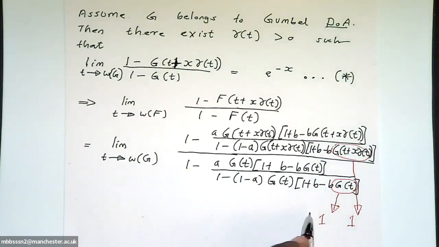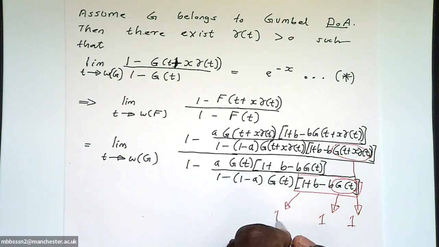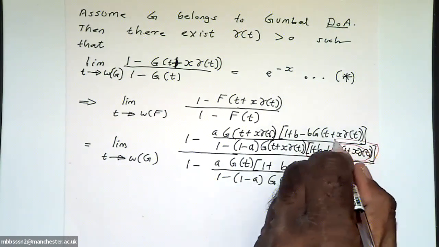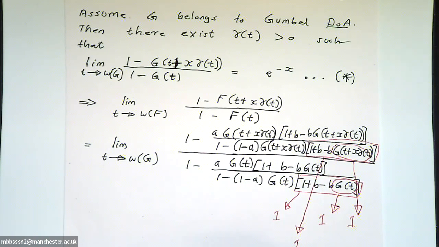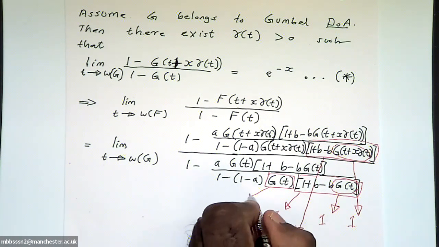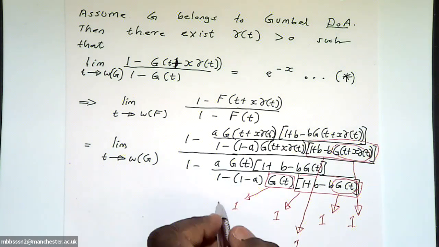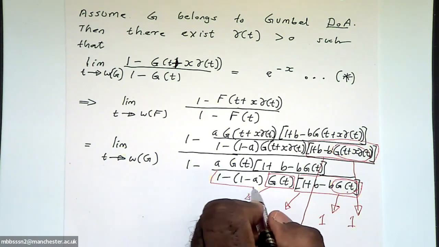So what you have is 1 plus b minus b, which is 1, right? So this whole thing disappears to 1, and so is this one. This also disappears to 1. Similarly, because GT goes to 1 here, this guy goes to 1, and we also know that this goes to 1.